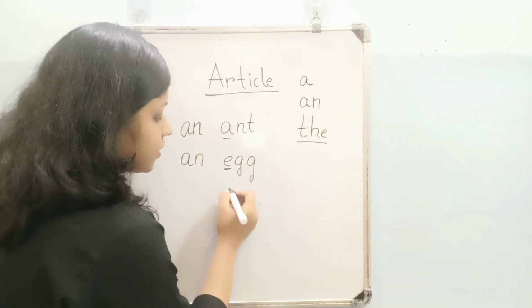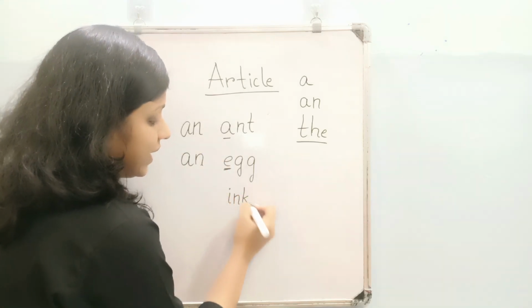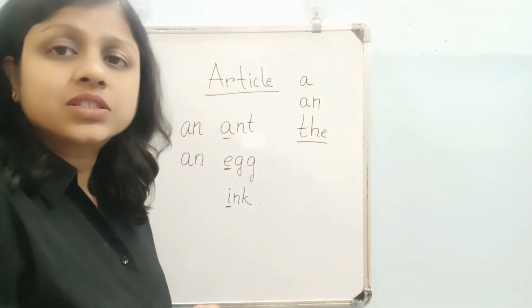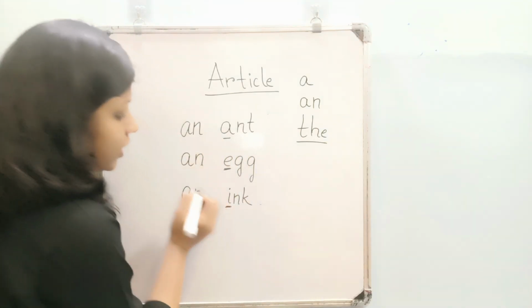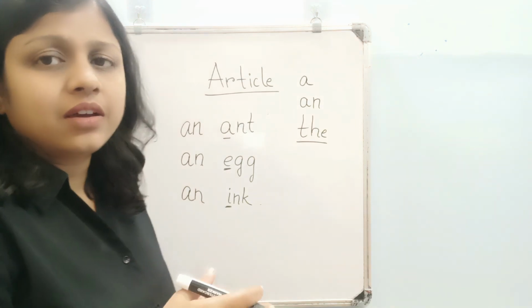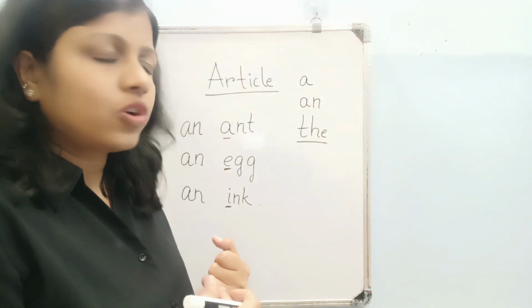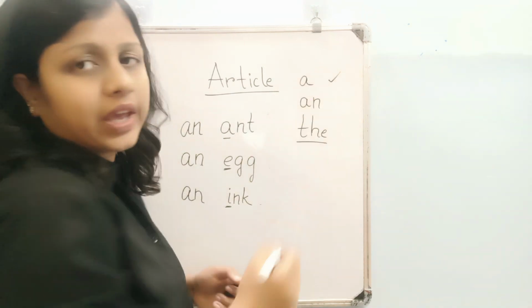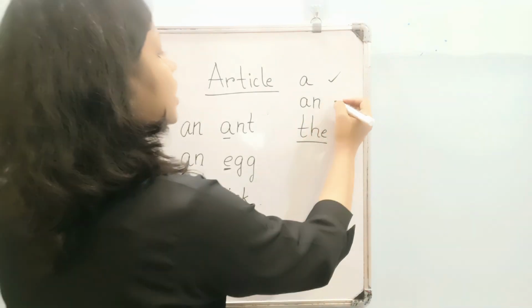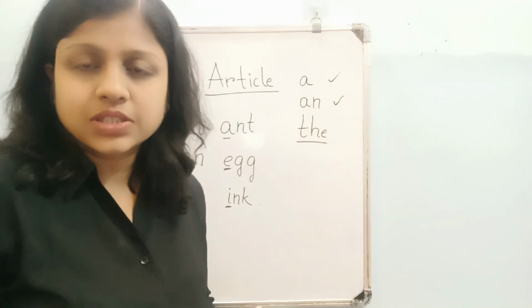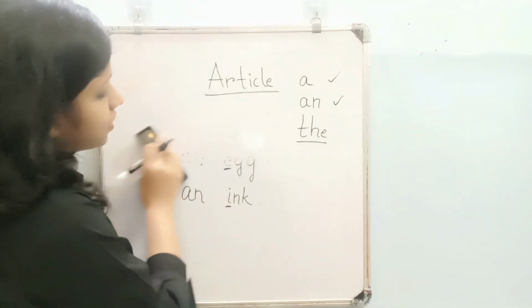Like ink, it's starting with I, a vowel, we will use an ink. So, very clear: if a word is starting with a consonant, we will use article a. If the word is starting with a vowel, we will use article an. This is very easy for beginners.